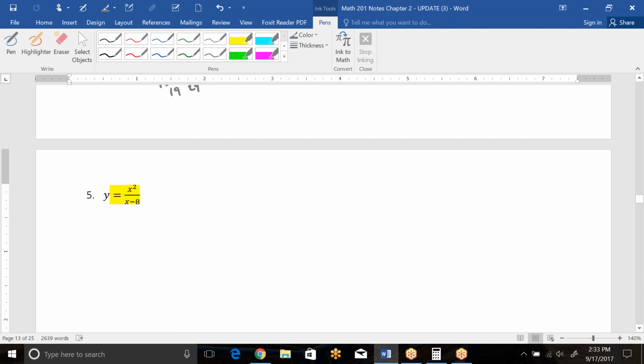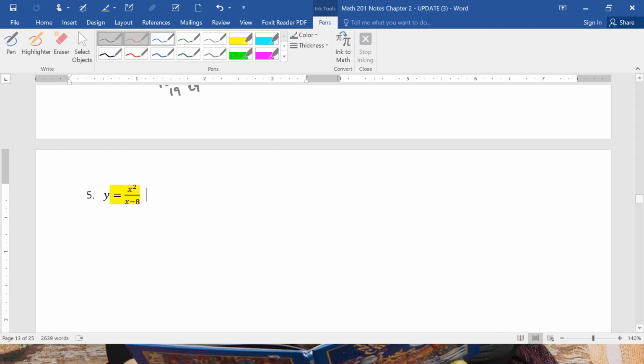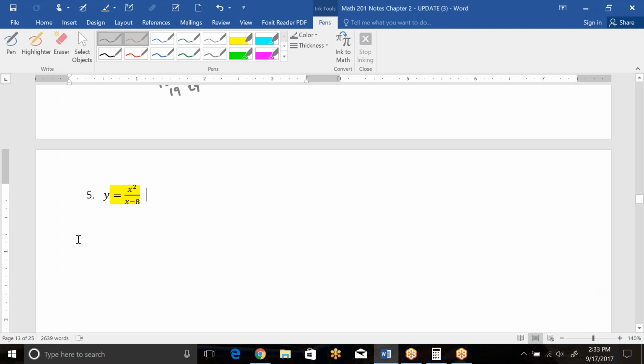Okay, let's look at number 5. So for number 5, okay, there it goes. We're going to let f of x be the top function since this is just called y, and g of x is going to be the bottom function.